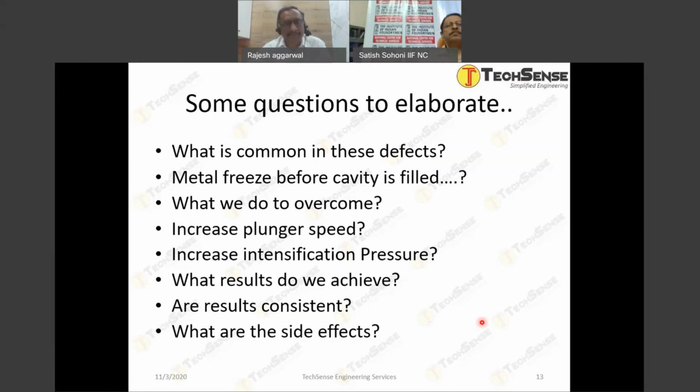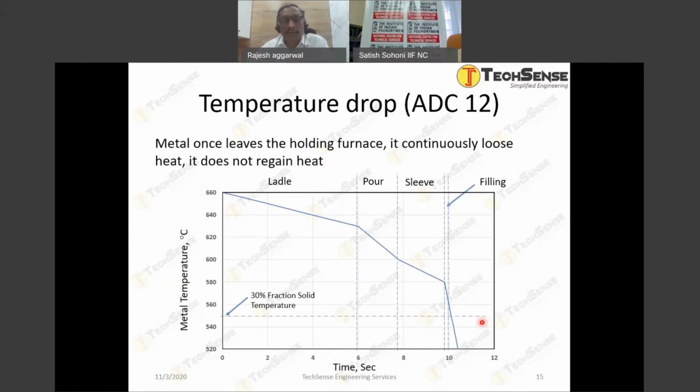So let us try to understand the root cause. As some of you might have gone through, once the metal leaves the holding furnace, it continuously loses heat. It does not regain the heat. The temperature of the metal at the holding furnace is 660, assuming it is 660 for ADC 12. As it is picked up in the ladle, it will lose temperature.